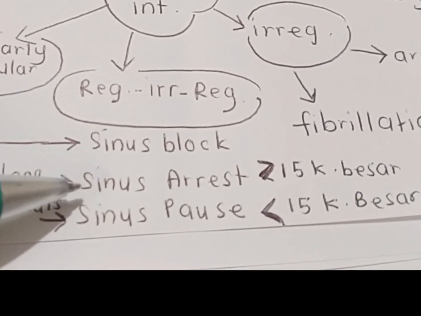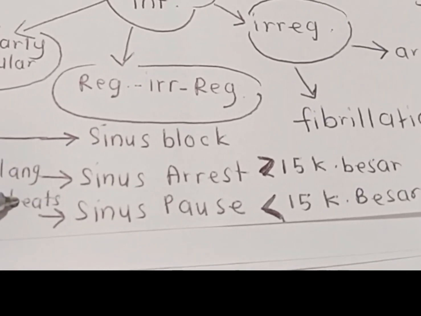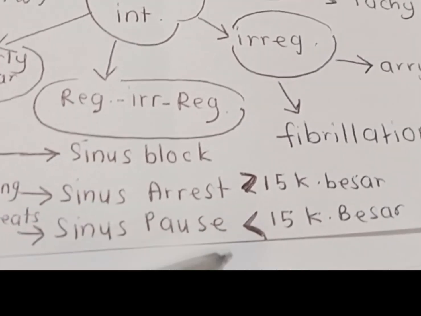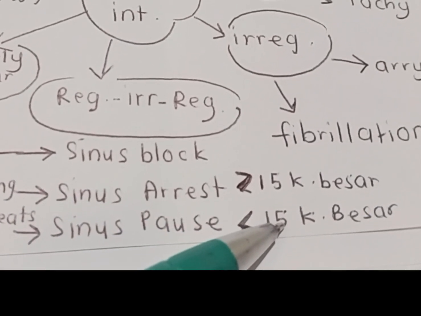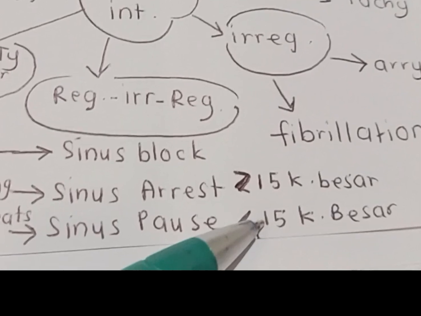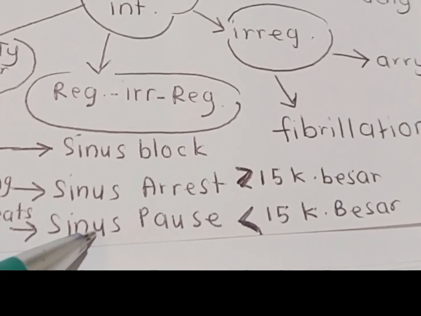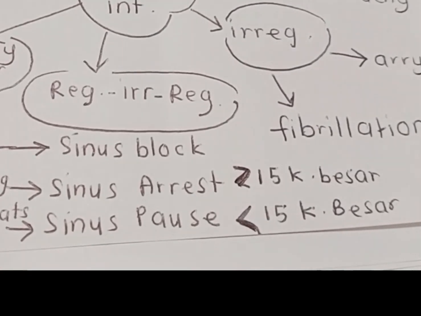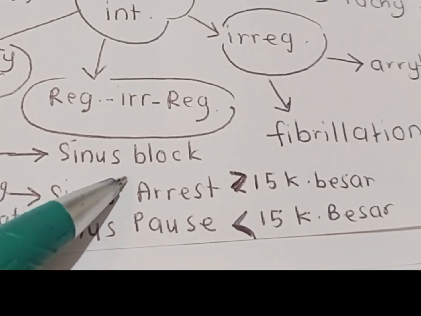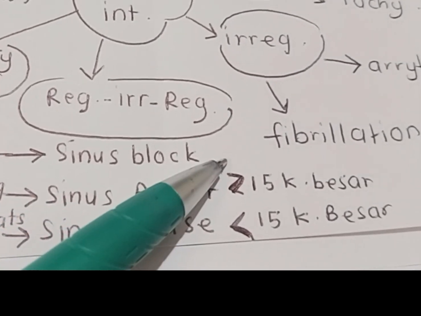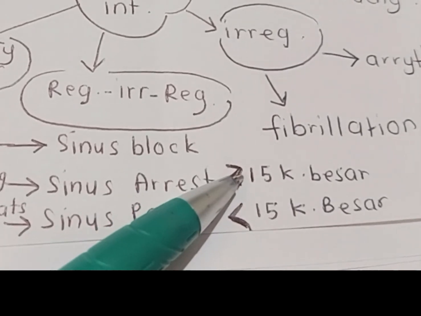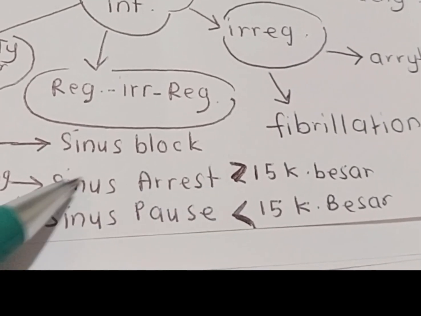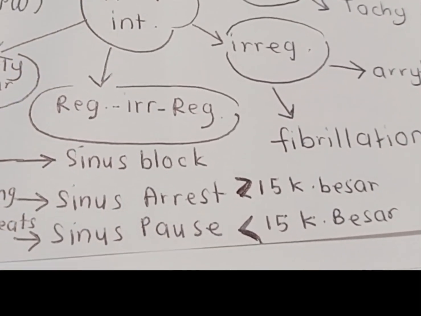If more than 2 complete beats are missing and it is less than 15 big boxes or less than 3 seconds, it is sinus pause. If more than 2 complete beats are missing and the gap is more than 3 seconds or more than 15 big boxes, it is sinus arrest.